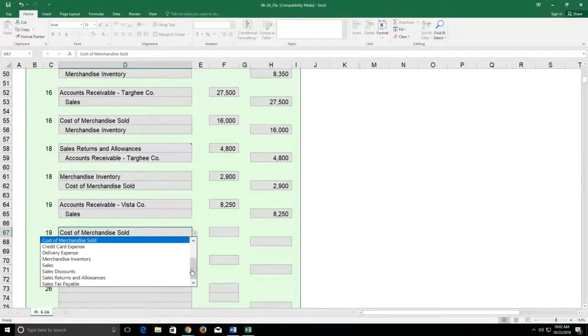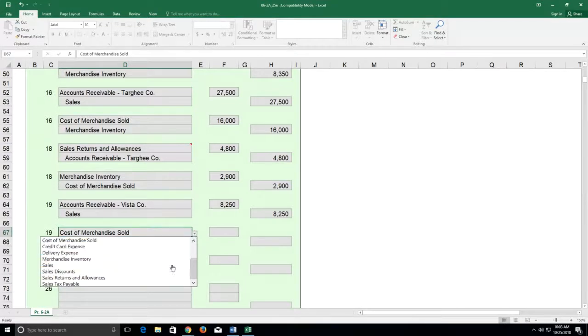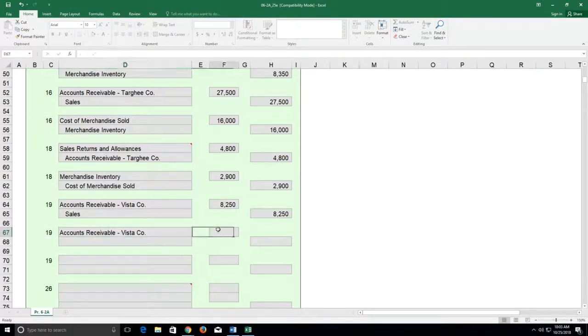So we have, what do you think goes here? They owe us an additional $75.